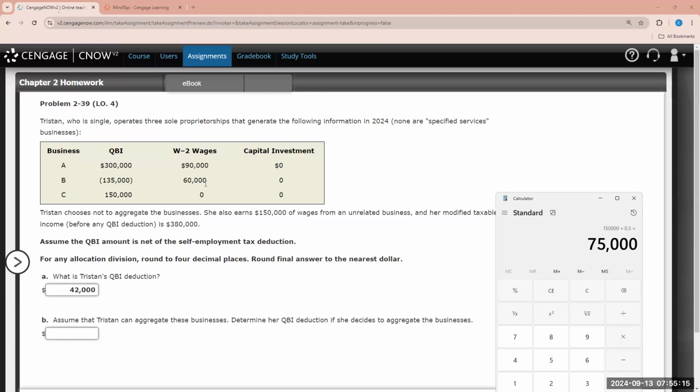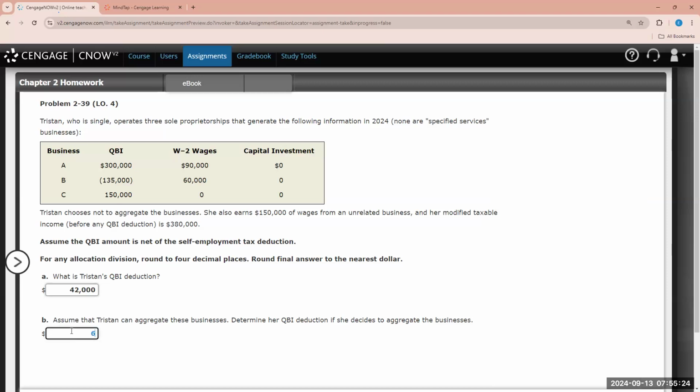So therefore, we're comparing the 63,000 to the 75,000. So if Tristan decides to aggregate the businesses, in such case the QBI deduction would be 63,000, which is the total QBI between businesses A, B, and C, multiplied by 20% versus 50% of the W-2 wages.